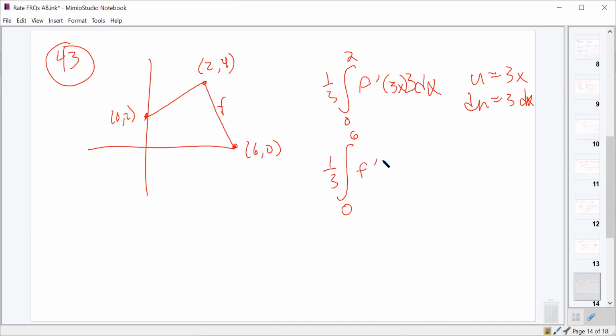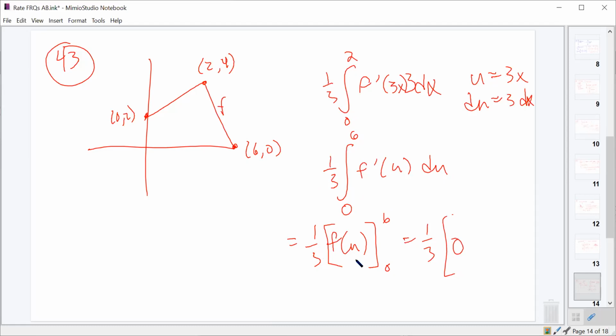And so now this should be f prime of u du, which should give us 1/3 of f of u from 0 to 6, which is 1/3 of f of 6 is 0, f of 0 is 2, it should be negative 2/3, which is choice B. Any questions there on 43?